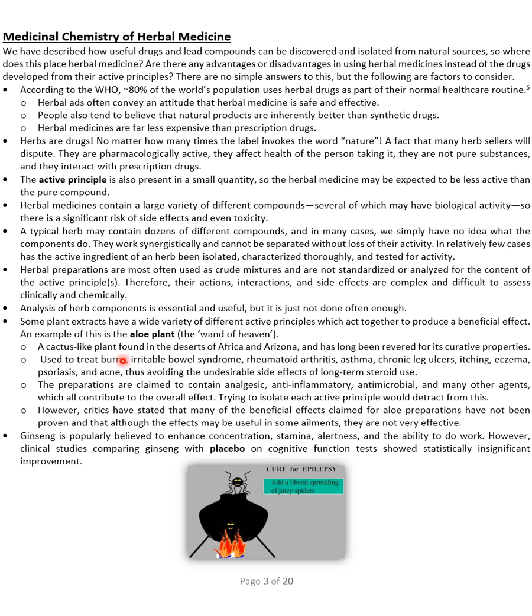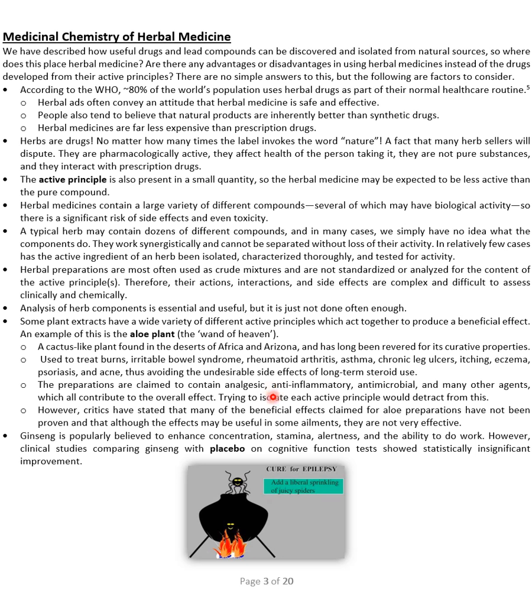It's a cactus-like plant found in the deserts of Africa and Arizona, and it has many pharmacological uses, but it also includes many components, many chemical structures that are responsible for these effects. And it's not just one of them that's responsible, but the combination of these all together.